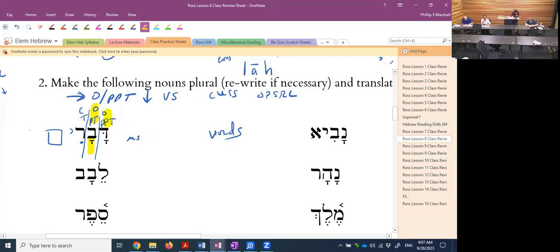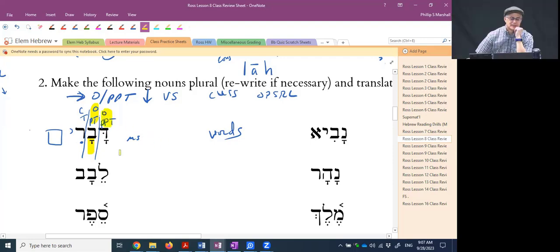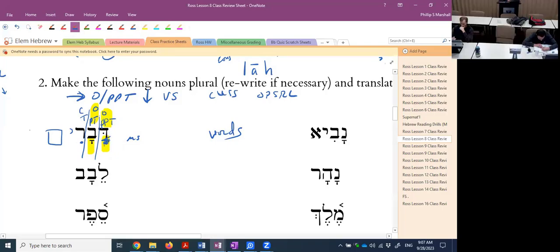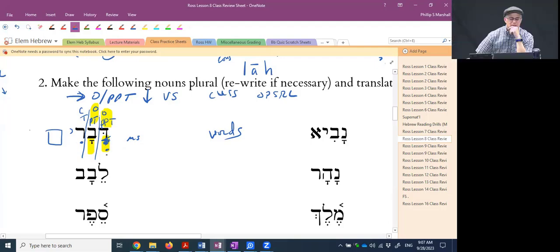Do I have any open propretonic syllables now? Yes. Can I leave that kamets here? No. What's it going to do? It's got to go to a vocal shva. So instead of davarim, I get devarim.